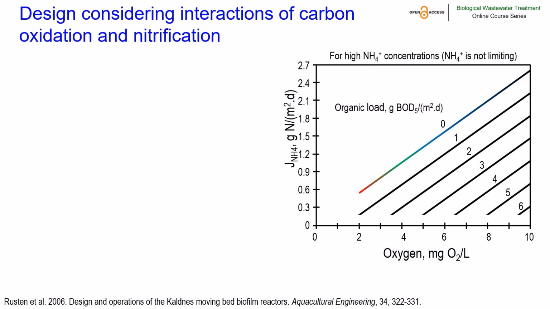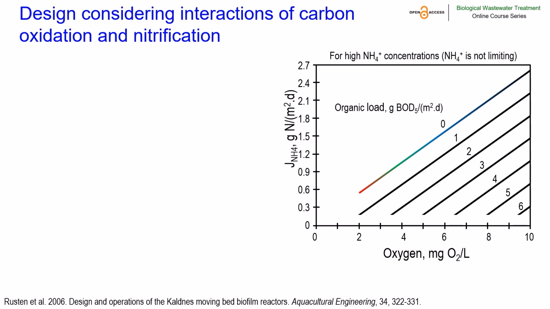Bulk phase oxygen concentrations are shown on the x-axis. The numbers next to the lines refer to different BOD surface loadings. Resulting ammonia fluxes are shown on the y-axis. As expected from previous modules, ammonia fluxes increase with decreasing BOD loading and with increasing bulk phase oxygen concentrations.